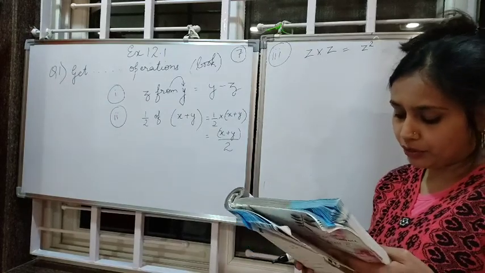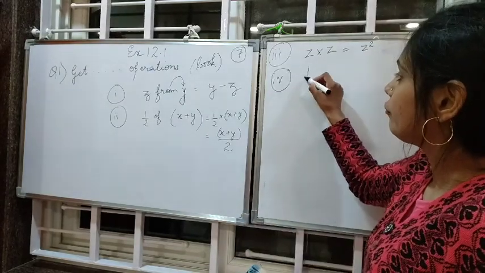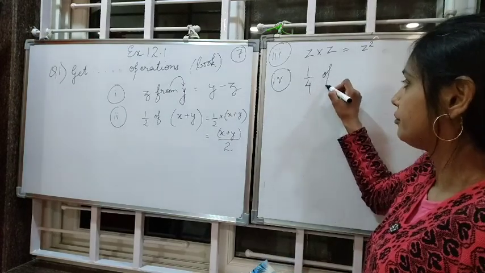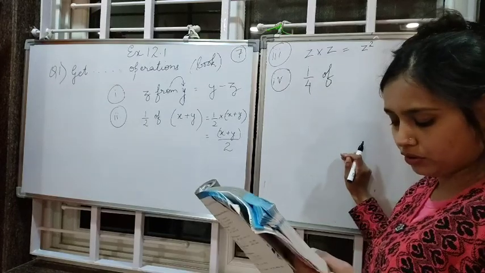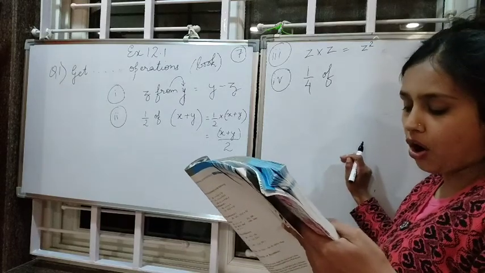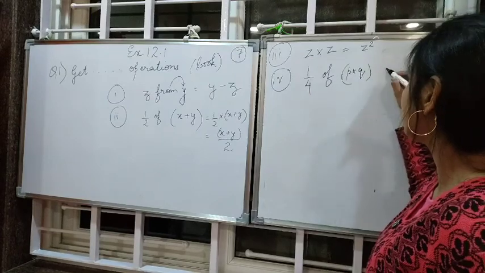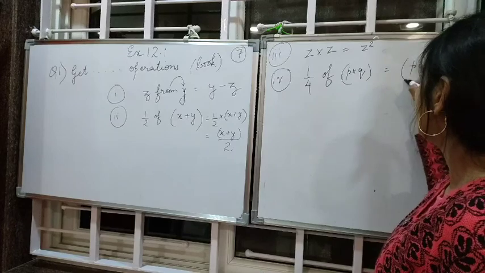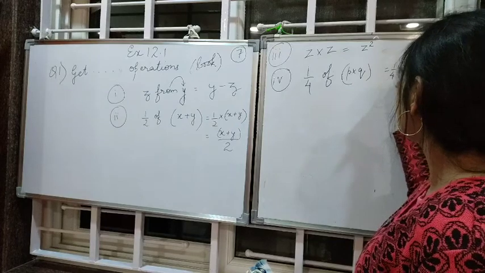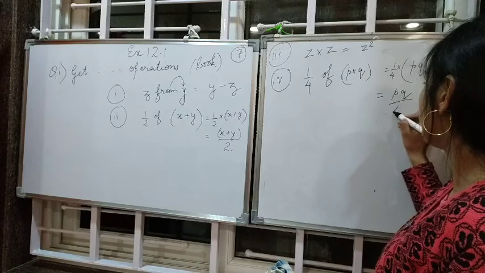Then 1/4 of the product of numbers p and q. 1/4 of the product. Product means multiplication. Yes, of numbers p and q. So p and q will give us pq, and 1/4 of means 1/4 multiplied. So 1/4 into pq, so that gives us pq by 4.